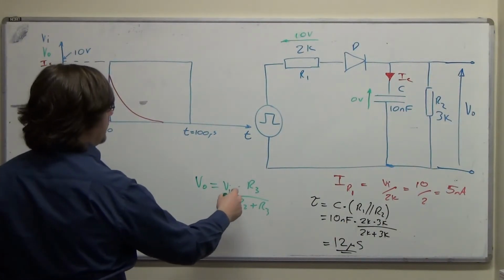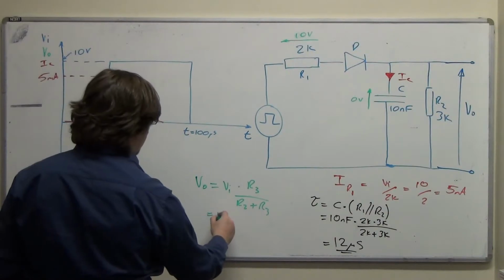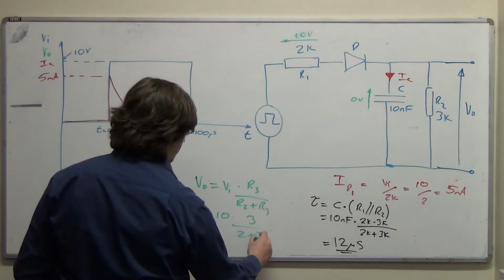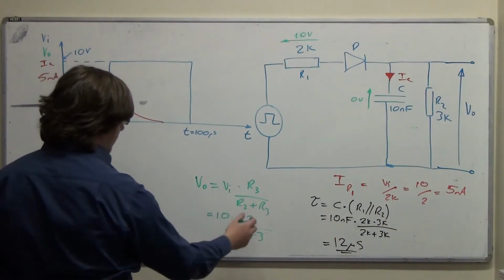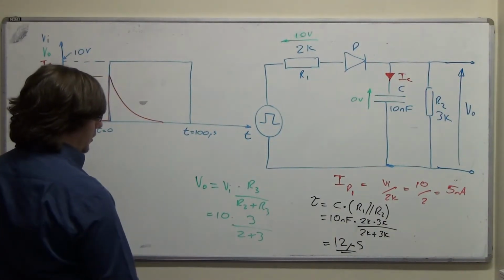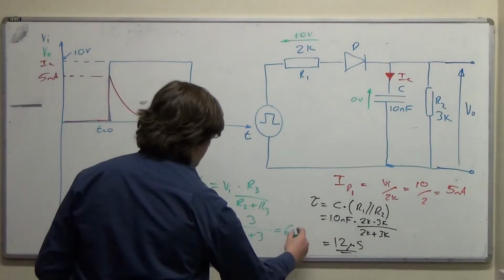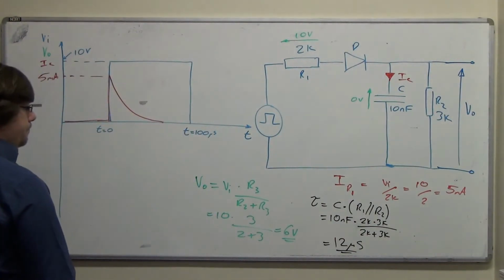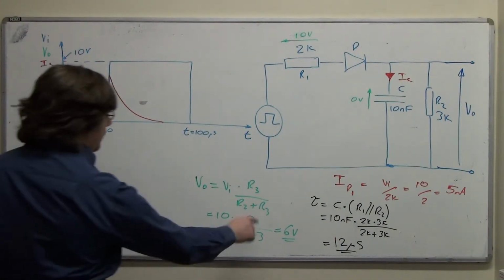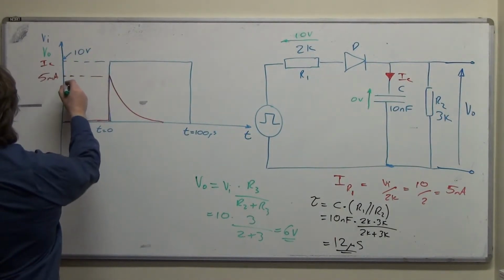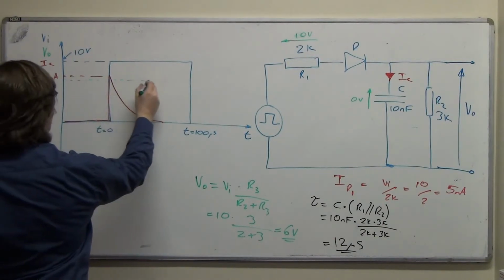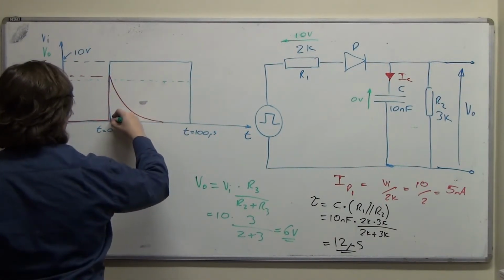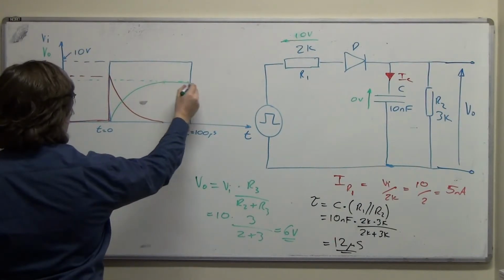So this is going to be 10 times 3 over 2 plus 3, which is 10 times 3 is 30, divided by 5 is 6 volts. Yeah, 5 sixes are 30, so 6 volts. So we know that we're aiming for somewhere around here, and it's going to happen by this point, so something like that.